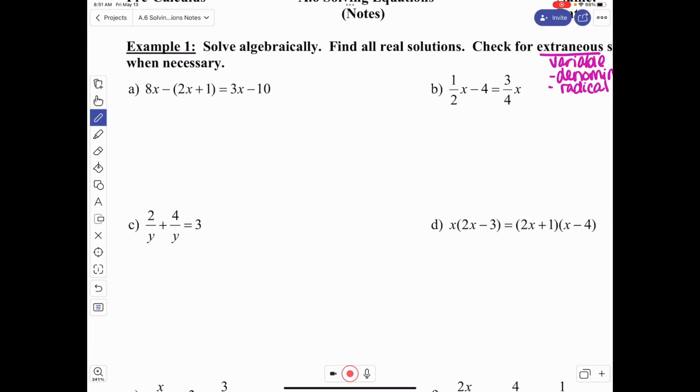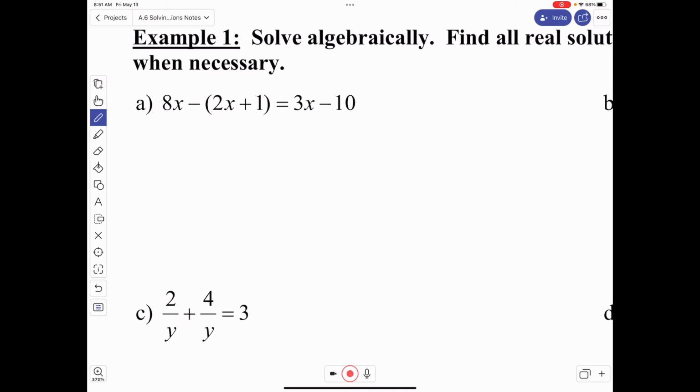So the first one here, when we're solving, what we want to do is simplify both sides and get x by itself. So we have 8x, we're going to distribute our negative, so minus 2x minus 1 equals 3x minus 10. So 8x minus 2x, that's going to give us 6x minus 1 equals 3x minus 10.